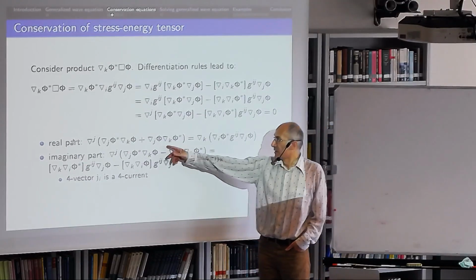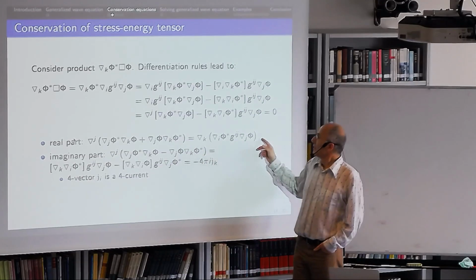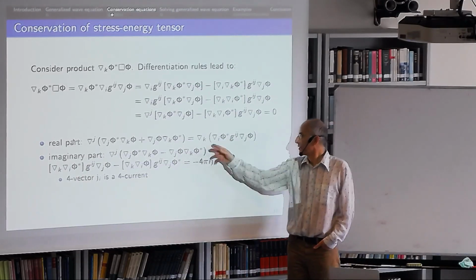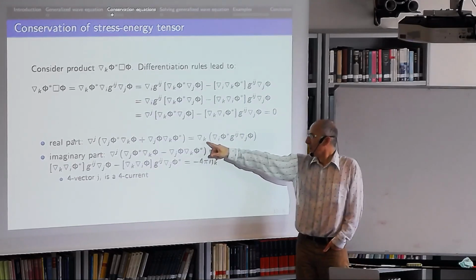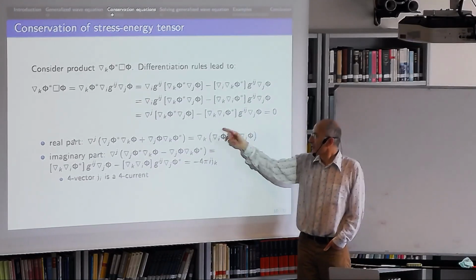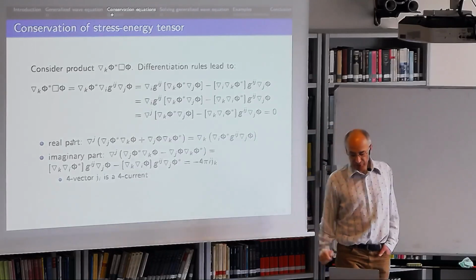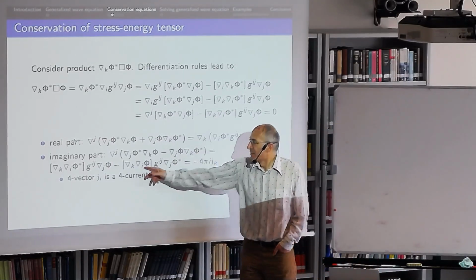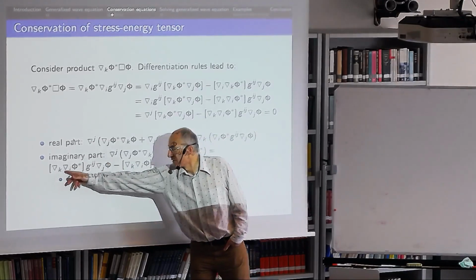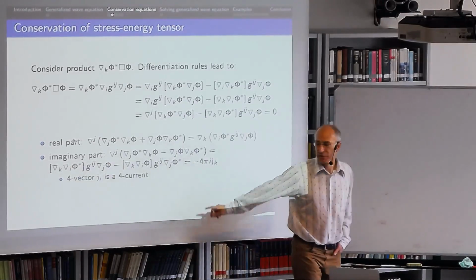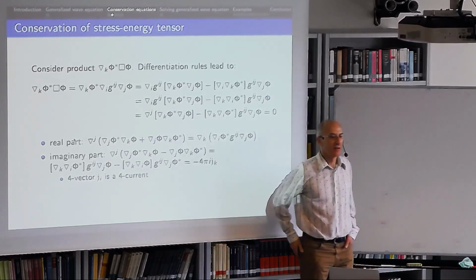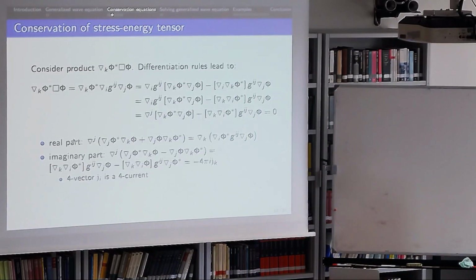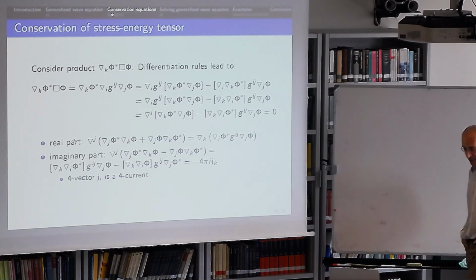We get that the real part is the covariant derivative of a quantity. We recognize the Lagrangian. We'll see it later on. And then the imaginary part has no real meaning here, so we just call it J^k, and we'll see later on, by analogy with electromagnetism, that this is a current, a 4 current.